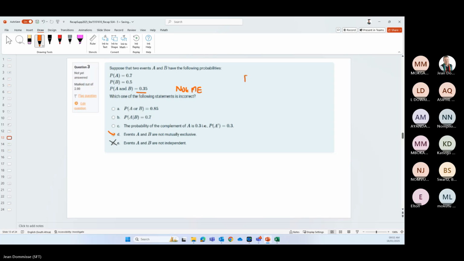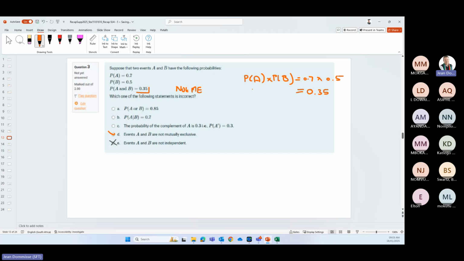The other one that I will then look at is independent. For A and B to be independent, probability of A times probability of B. So probability of A is 0.7, probability of B is 0.5, and if we calculate that, 0.5 times 0.7, we get 0.35, which is that number.